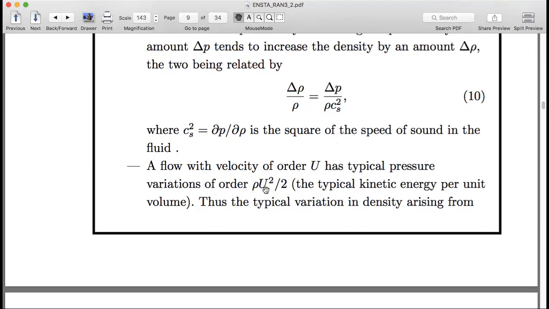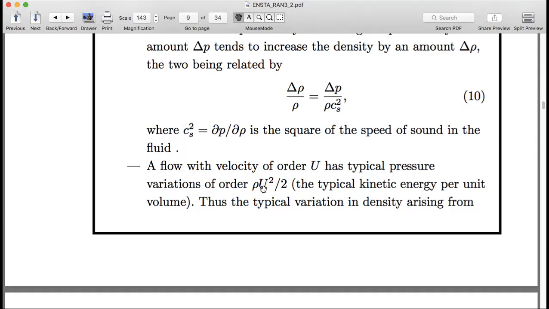So it's the kinetic energy associated with the flow per unit volume. If I take a unit volume of fluid, its mass would be the density, mass per unit volume times unit volume, times the fluid velocity.